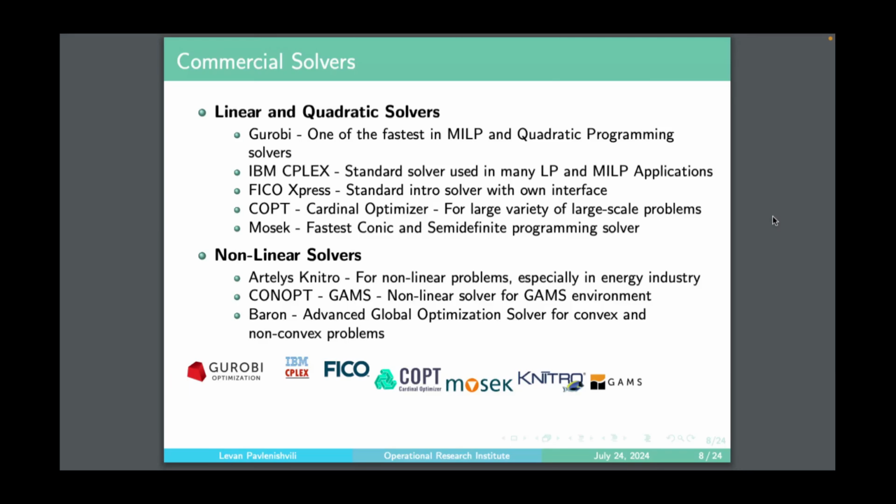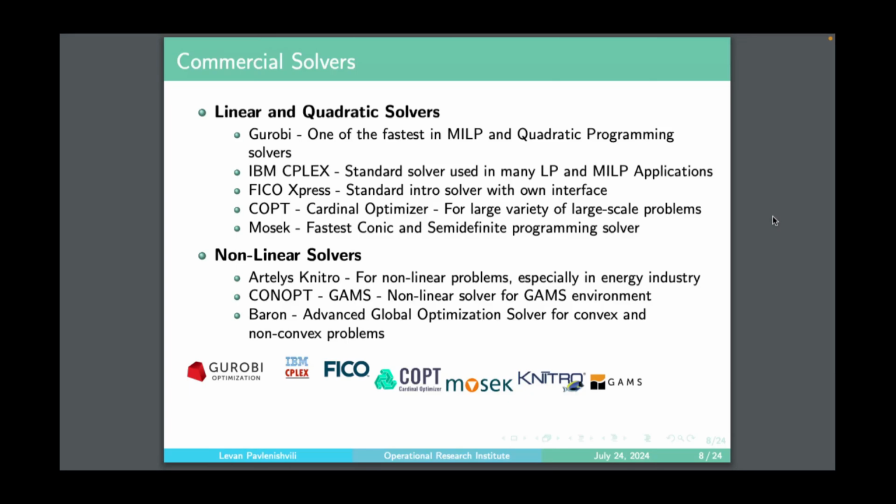FICO, a credit scoring company, has its own optimization solver, and that solver actually comes with its own interface and its own interface language, called Mosel. For optimization problems, it is a very intuitive and nice interface. Many companies are using FICO Xpress for many different kinds of applications.